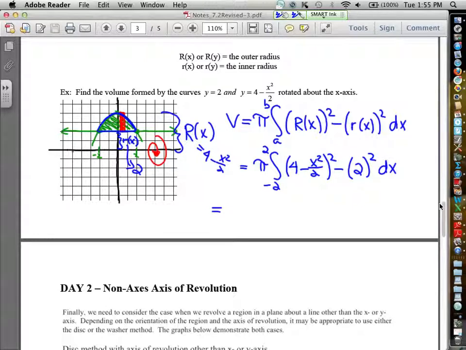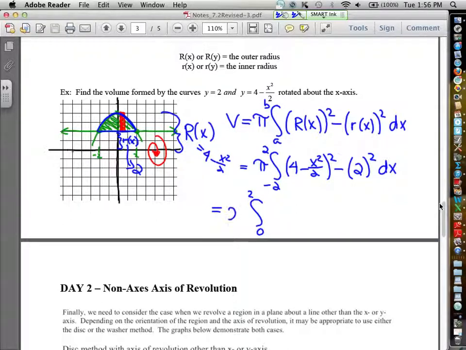Now I can keep it from negative 2 to 2, or if you look at that graph, what do you think you know about that graph between negative 2 and positive 2? Cut it in half? So I can integrate from what to what? 0 to 2, but if I integrate just this piece on the right, what do I have to do to get the actual volume?